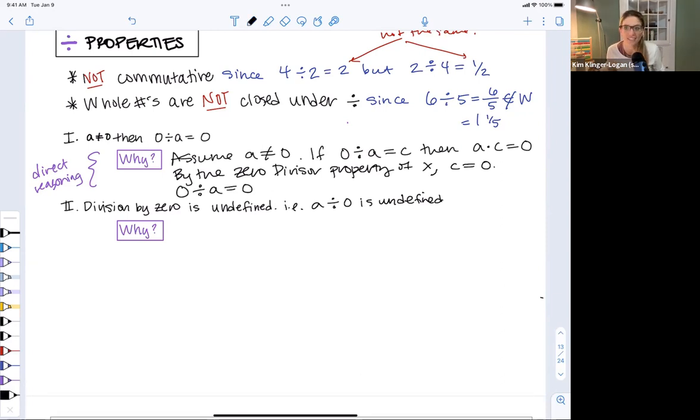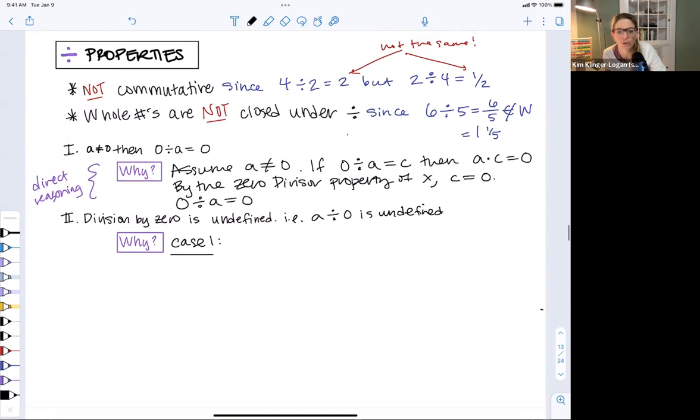Okay, so I probably should have given you a hint, which is that I think it's helpful in this case to divide this into 2 different cases. We made no assumptions about A at all. We're just assuming that it's a whole number. But let's first assume that A is not 0.